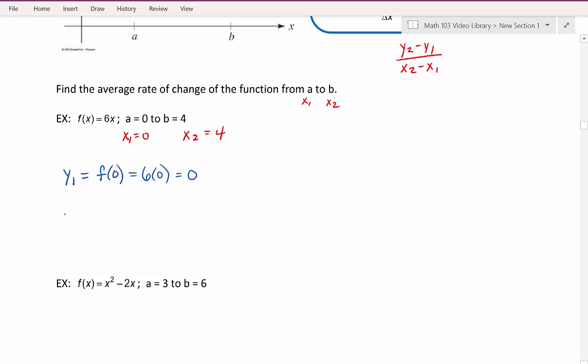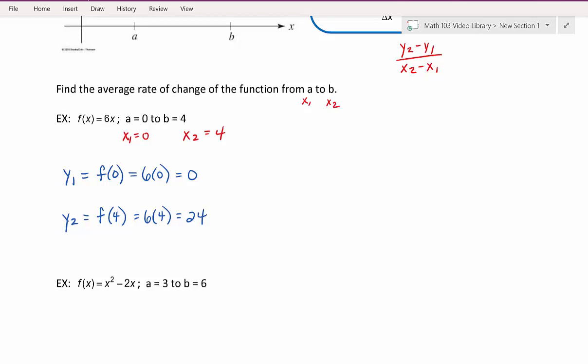And then our second y value is going to be what we get when we plug our second x value into the function. So that's going to be f of 4. So that's 6 times 4 equals 24. Now I have two x values and two y values, and I'm going to plug it into the slope formula.